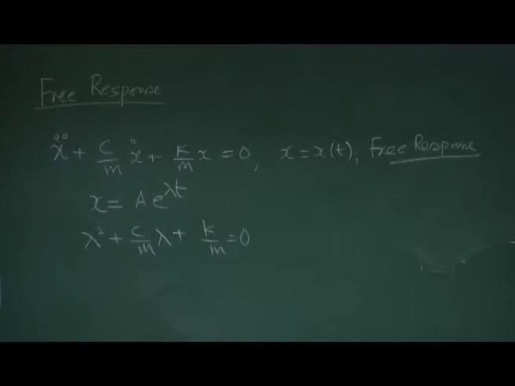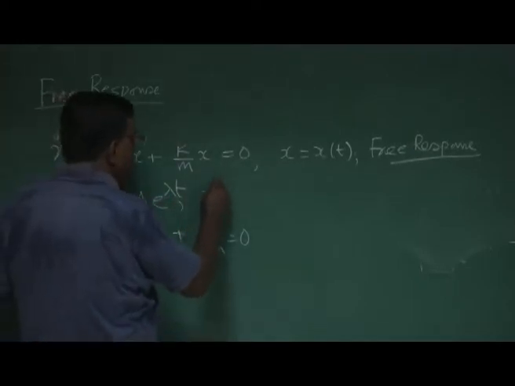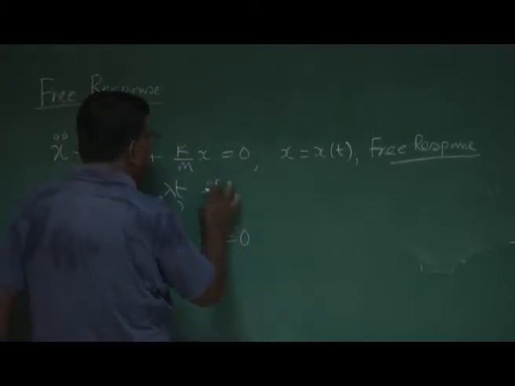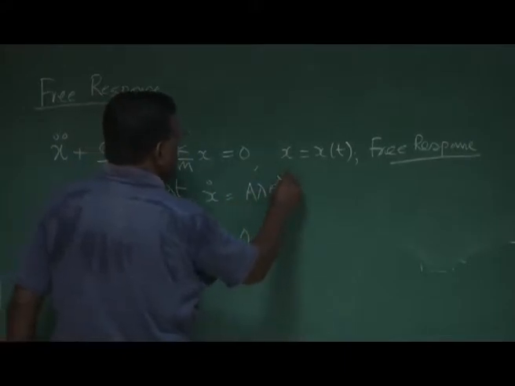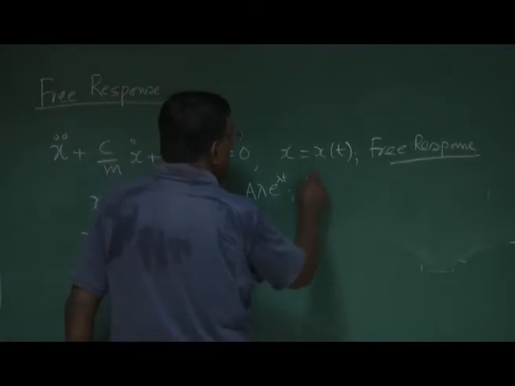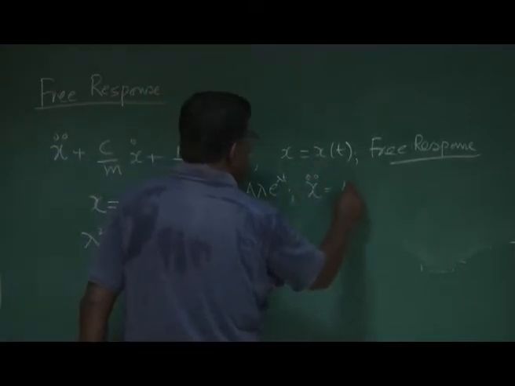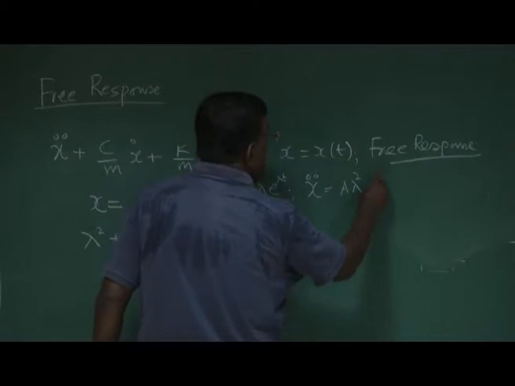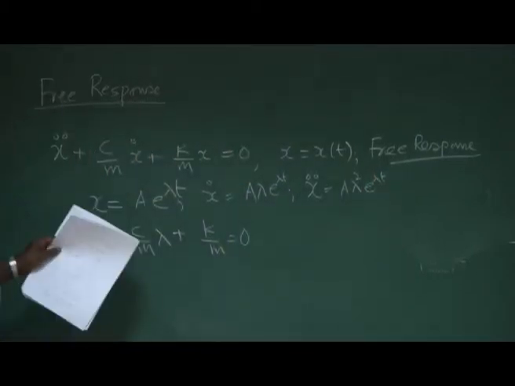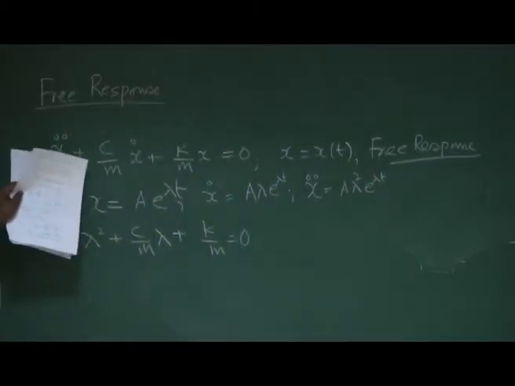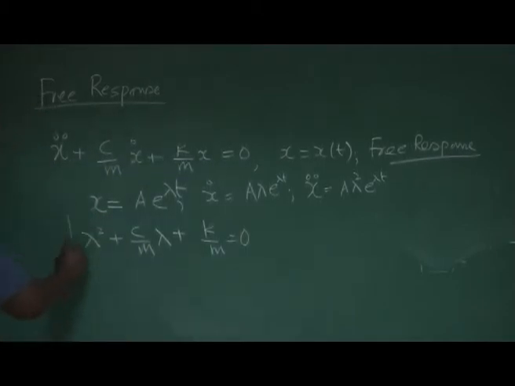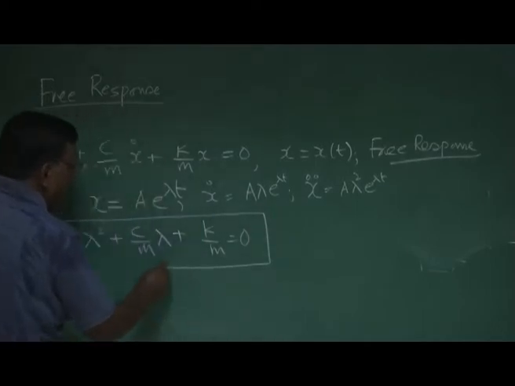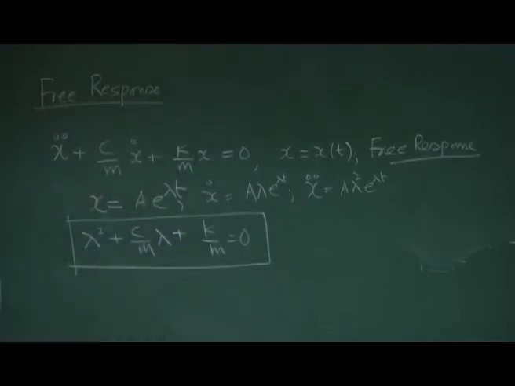From x, you find x dot, which will be lambda e to the power lambda t, then x double dot will be lambda square e to the power lambda t. When I substitute these expressions for x, x dot, x double dot here, I get a characteristic equation of this form, where lambda are the roots of this characteristic equation.